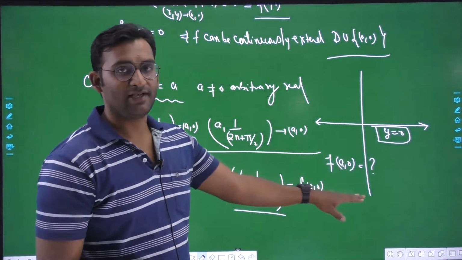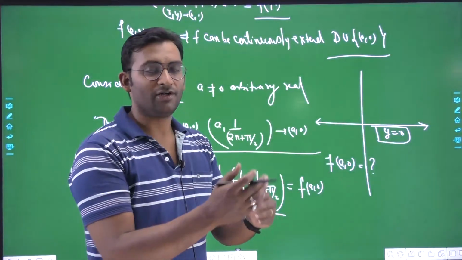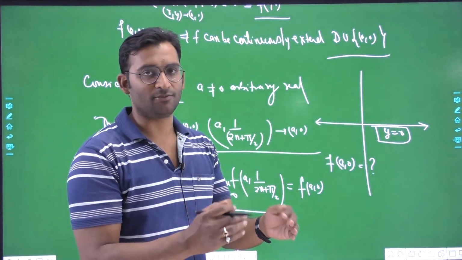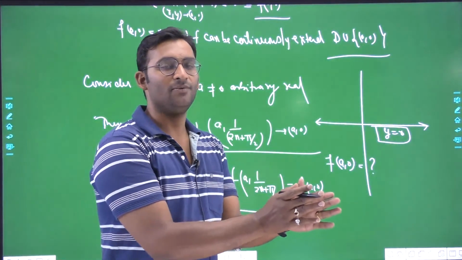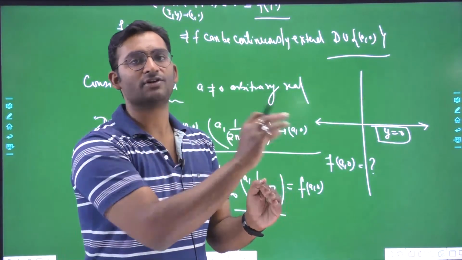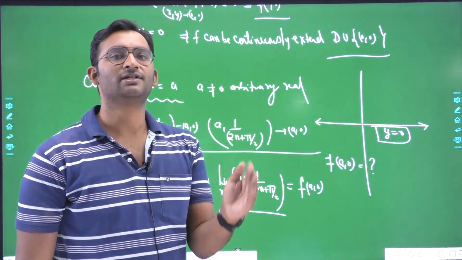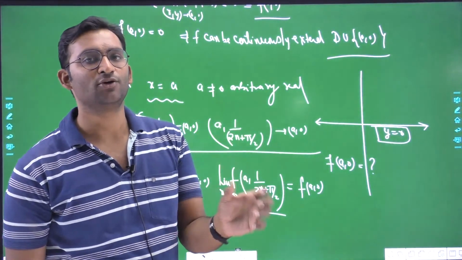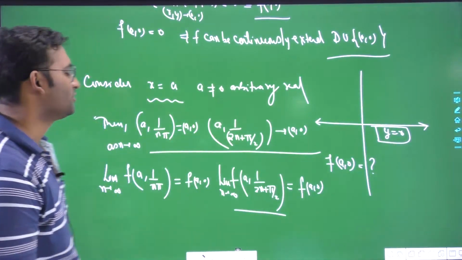I need to precisely and uniquely define f of (a,0) in order to continuously extend the function over (a,0), because at y equal to 0 the function is not defined. So let me take the limiting value at (a,0) and put that limiting value as the value of the function at (a,0). In case I am able to do it, then I can simply say that the function can be continuously extended to the points (a,0). So let us see if it happens or not.